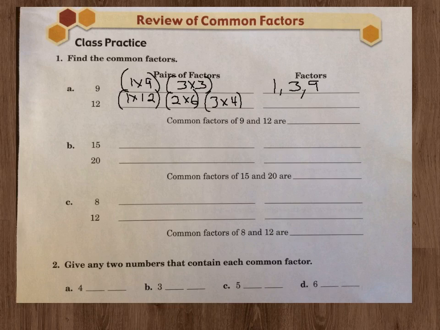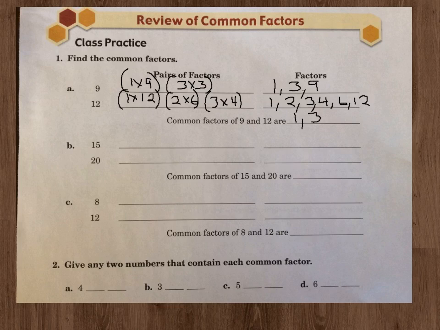So our factors for 12 would be 1, 2, 3, 4, 6, and 12. And then our common factors of 9 and 12 would be 1 and 3. And if I was to ask you what is the greatest common factor, you'd say 3.